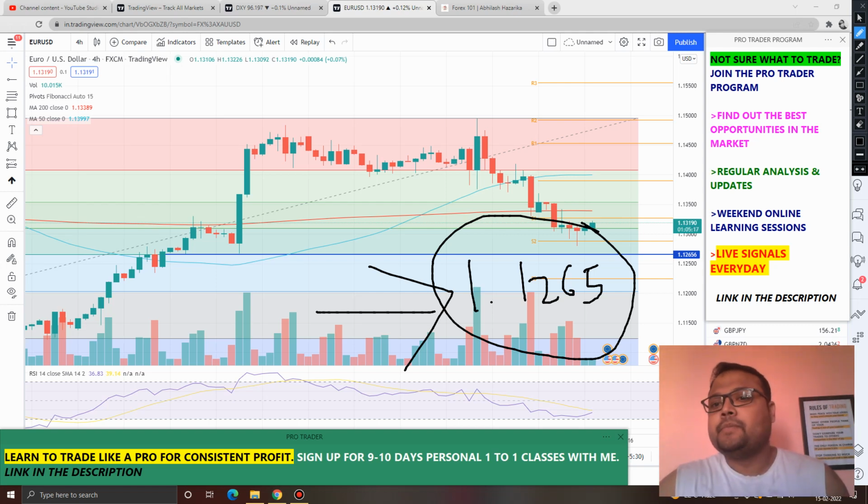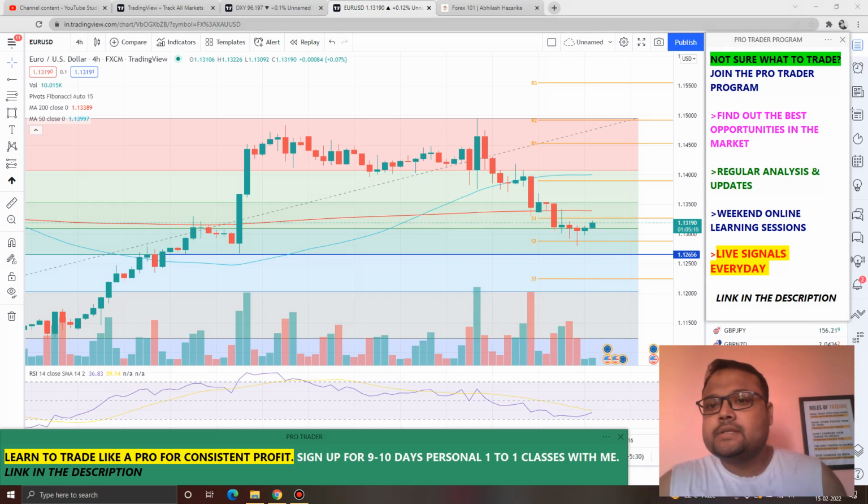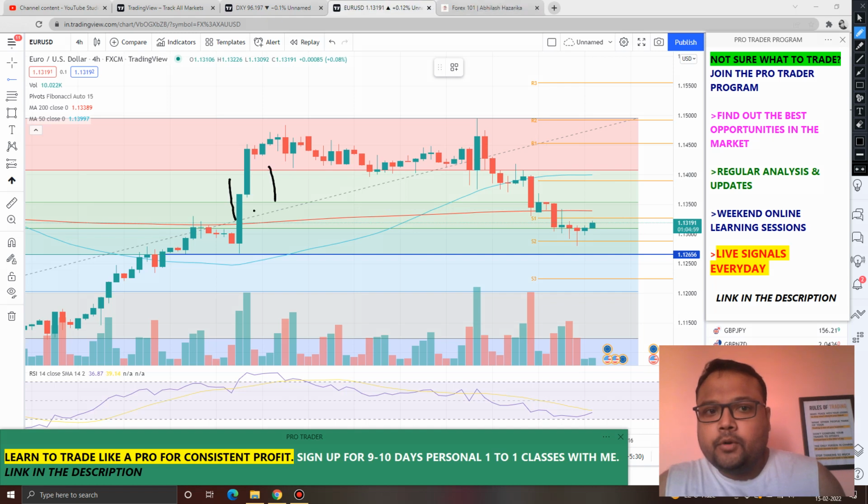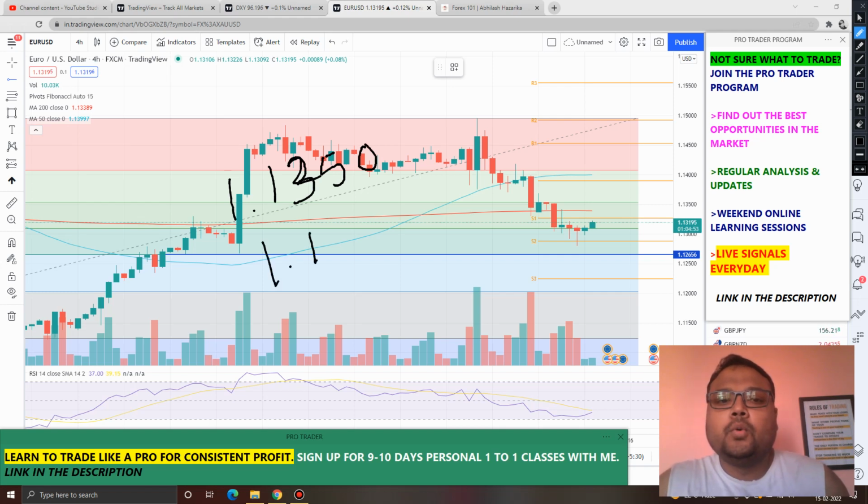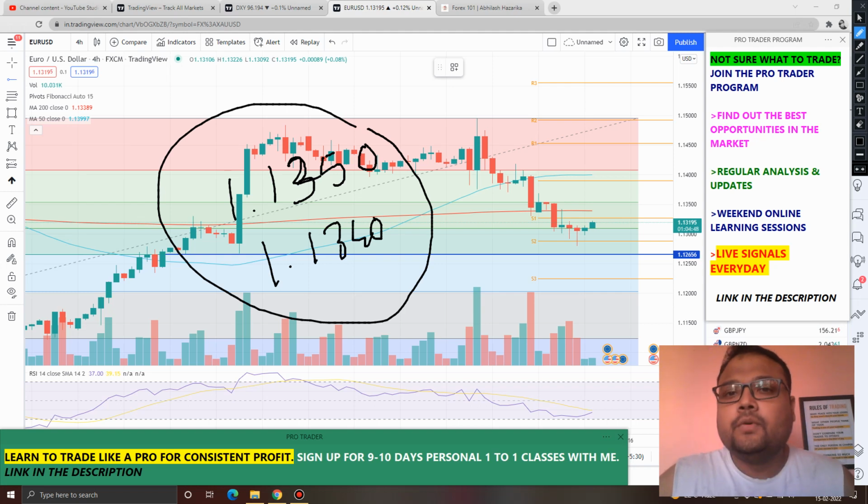One more level I would like to add: if Euro USD reverses from around the 200 period moving average, let me tell you a figure, 1.1350 to 1.1340, around this level there is a possibility that Euro USD will face selling pressure.